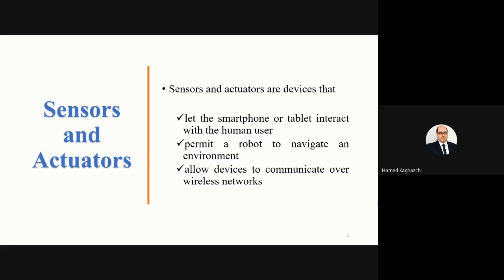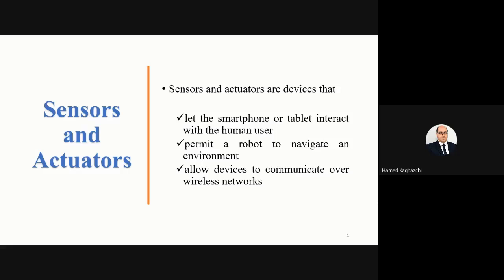Today, I want to talk about a new topic called sensors and actuators. During this chapter, we want to become familiar with different types of sensors and actuators that are used in digital systems.